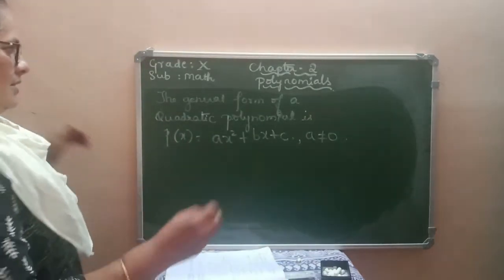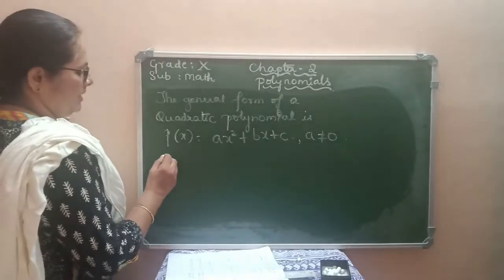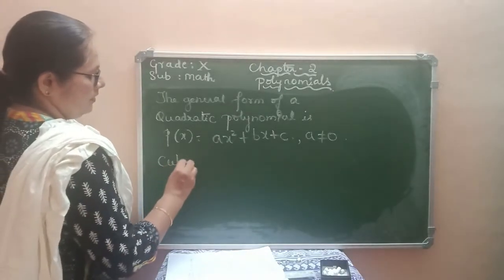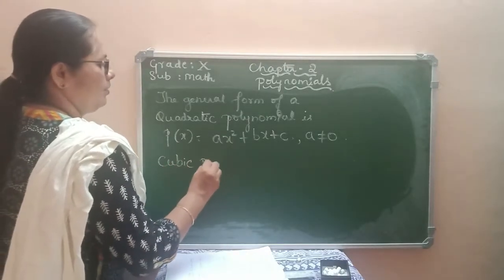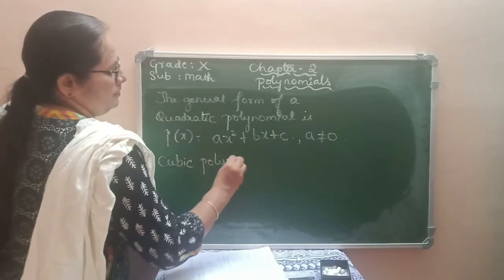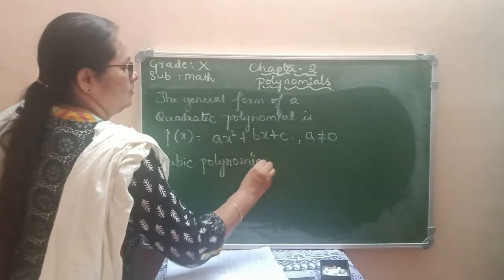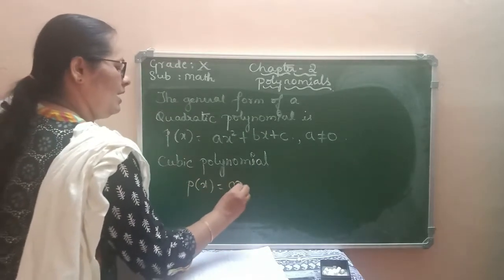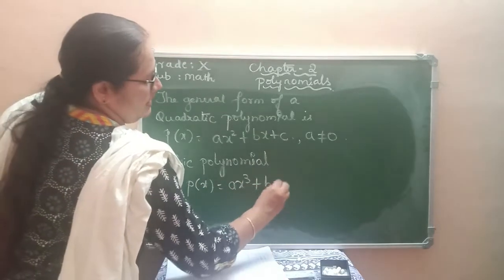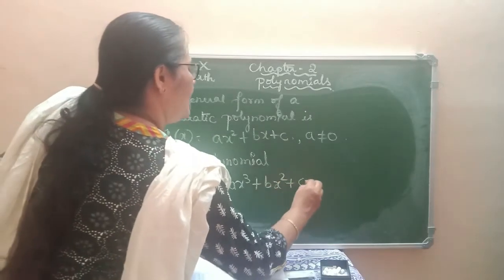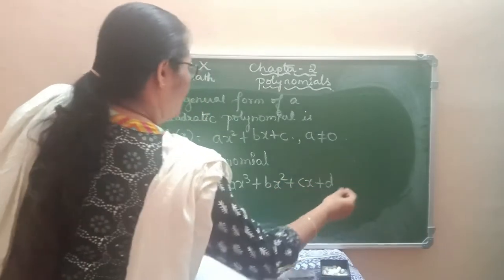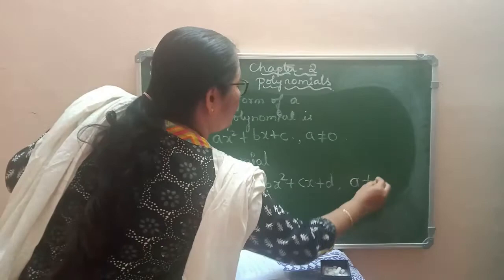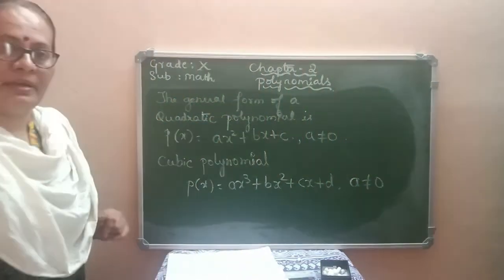Similarly, the general form of a cubic polynomial is p of x equals ax cube plus bx square plus cx plus d, where a is not equal to 0. This condition is very important.